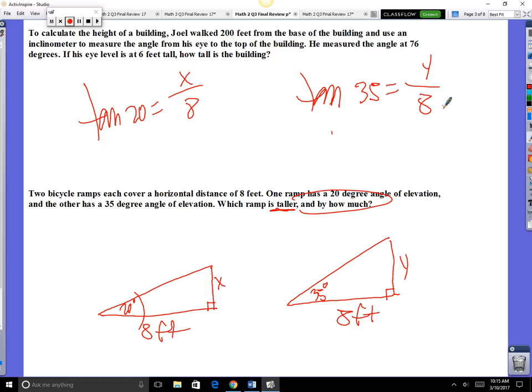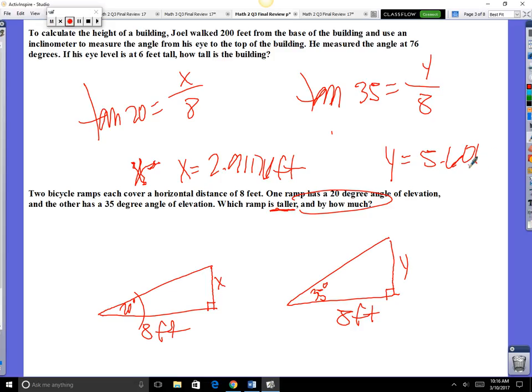So times them both by 8. I'm going to go 8 times the tangent of 20, and 8 times the tangent of 35. This one is the short one, and it is 2.91176 feet tall, and this one is the tall one, and it is 5.60166 tall.